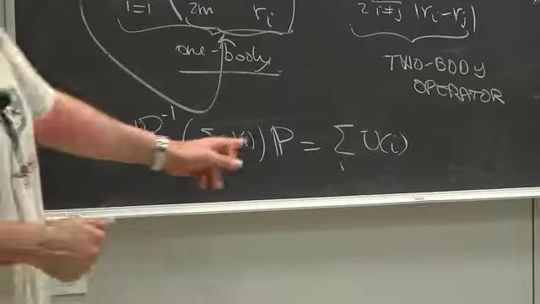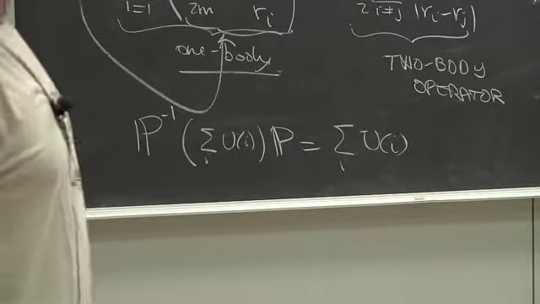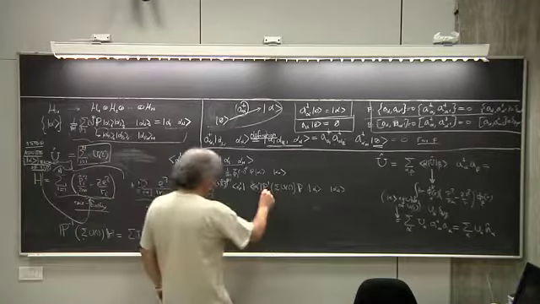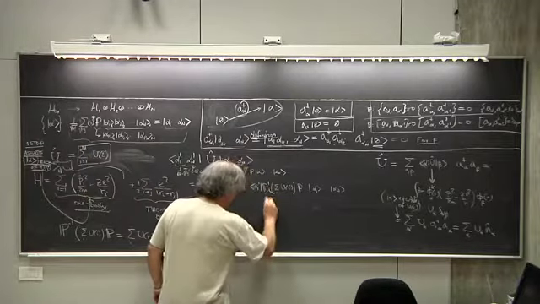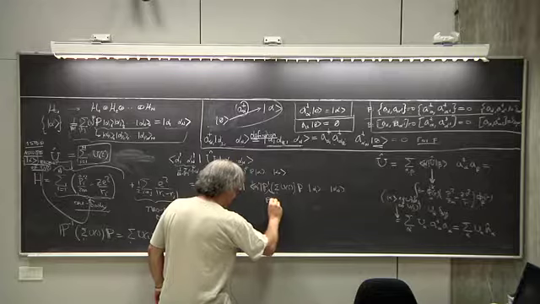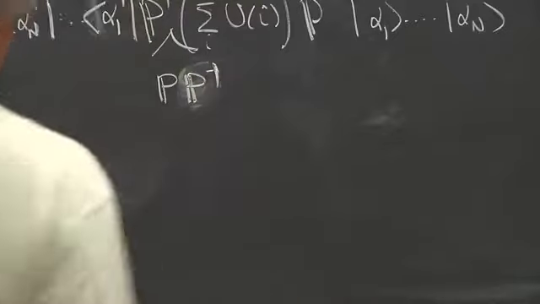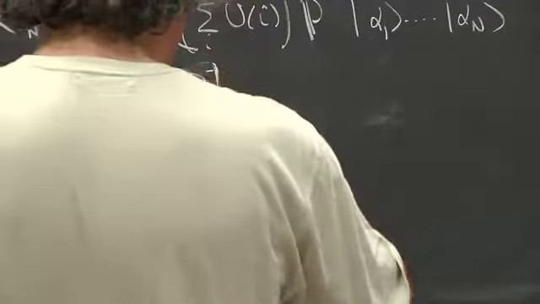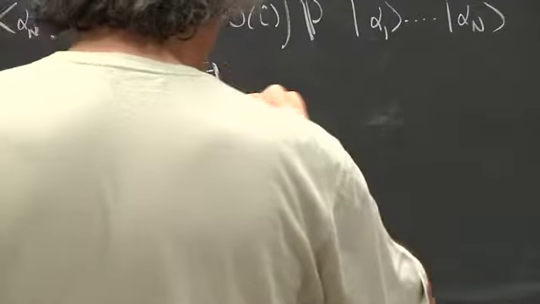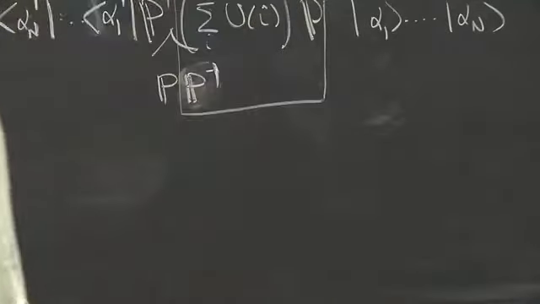Okay? So this is one obvious thing, which immediately tells you that you can add here a p to the minus 1. Okay? And after that, you notice that here I simply have the same operator.